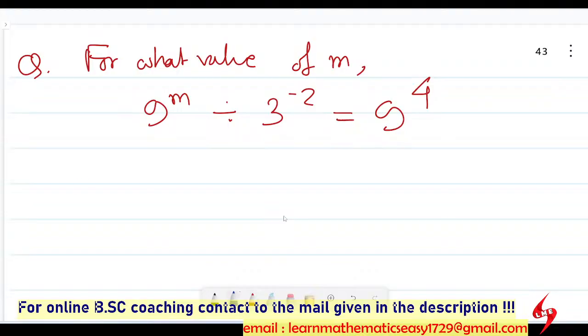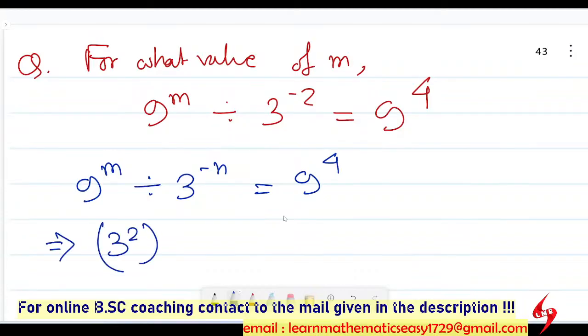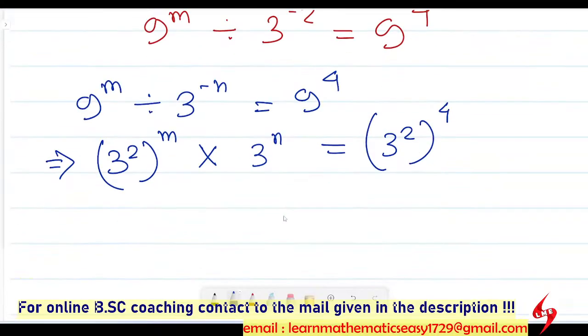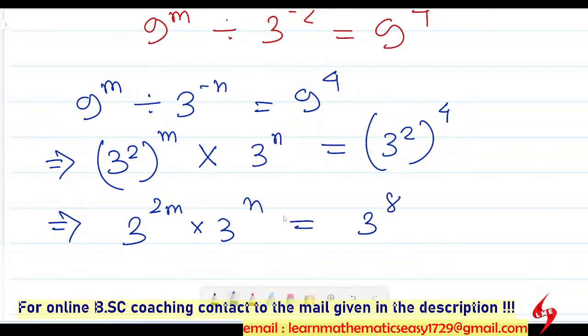I am writing here the condition. 9 to the power m means 3 squared to the power m. If I transform the division to multiplication, the sign of the power will be opposite. And this is my 3 squared to the power 4, 2m minus 8.